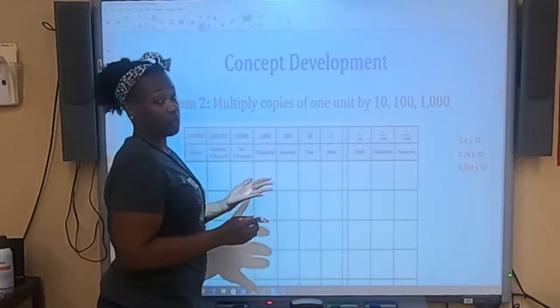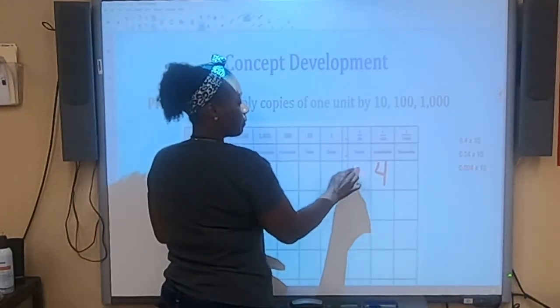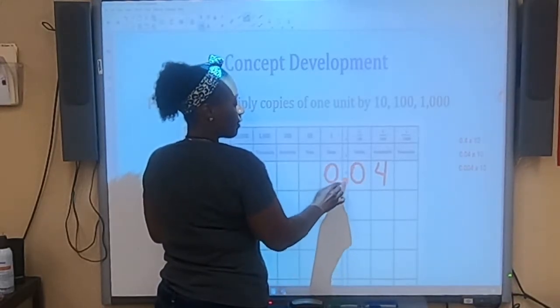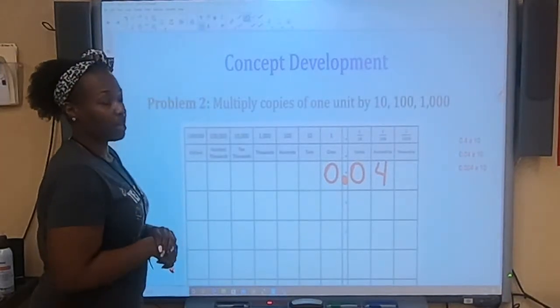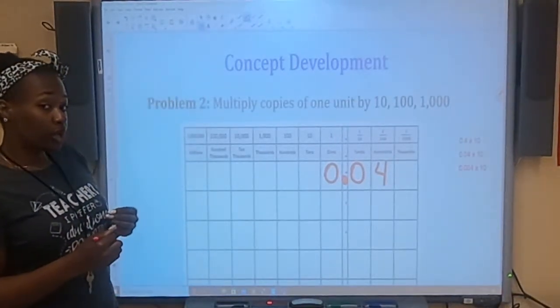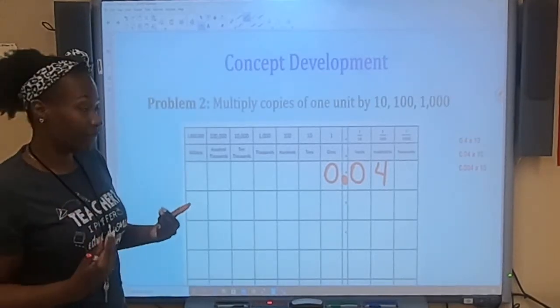So to make 400ths on my place value chart, I simply need the 4 in the hundredths place, and I'm going to put my placeholders. There's my 400ths. 4 is in the hundredths place. And I'm going to multiply by 10. Remember, multiplication takes my digits to the left.